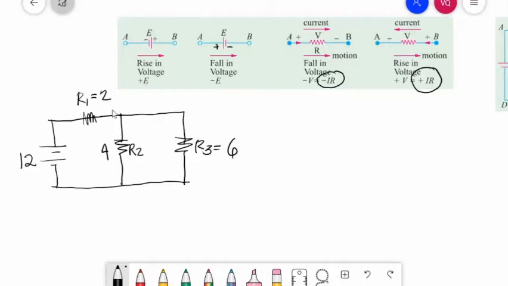We will assume the direction of currents. If the direction of current is not given, you will assume it. For now, I will give it. Since this is a single voltage source, all the currents will be to the right. So this one is I1, I2, and I3.